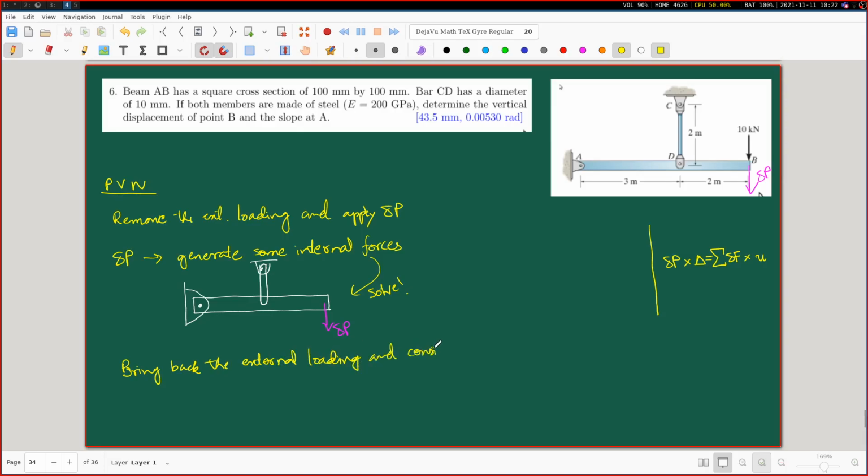And consider all the internal deformations. Internal deformations means I am asking you to determine this U. So tell me, for this particular problem, what are the internal deformations going to consist of?